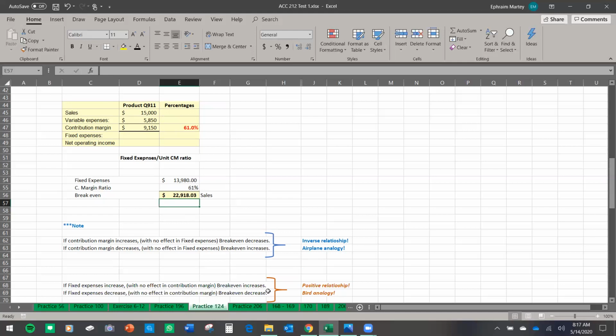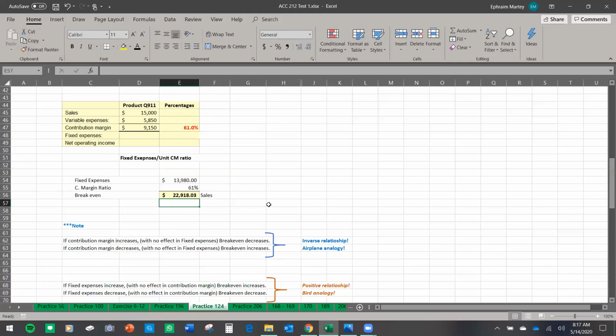Fixed expense is like a bird. When a bird is flying, one wing goes up, the other wing also goes up. If one wing comes down, the other wing also comes down. They are going up and down at the same time. But with the aeroplane, they go the opposite way. So that's how you need to pay attention.